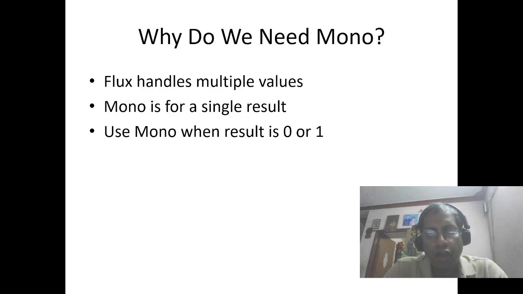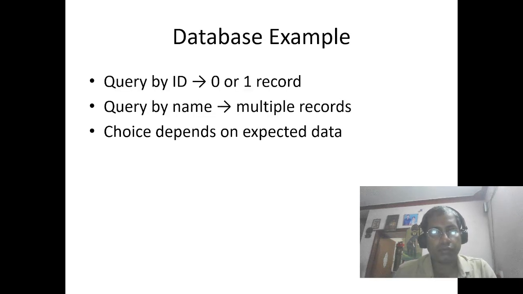Let's consider a customer table in a database. If you query by ID, how many records do you expect? Either one record or no record. So in this case, Mono is perfect.